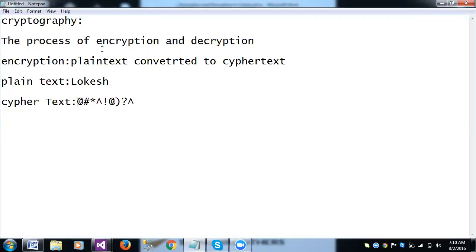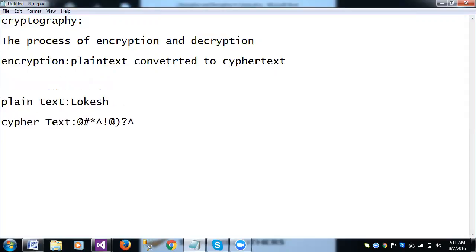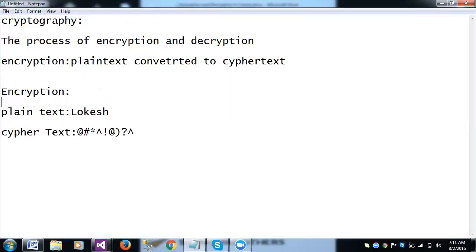So the process of encryption as well as decryption is called cryptography. Now, what is encryption? A plain text information is converted to ciphertext. Now, what is decryption? The reverse process of encryption.